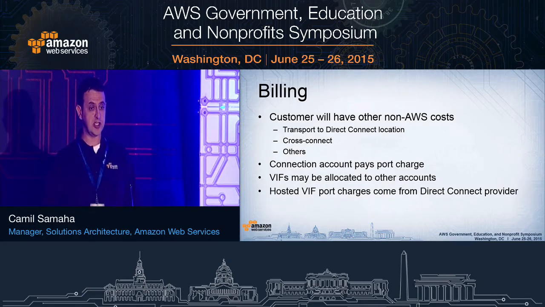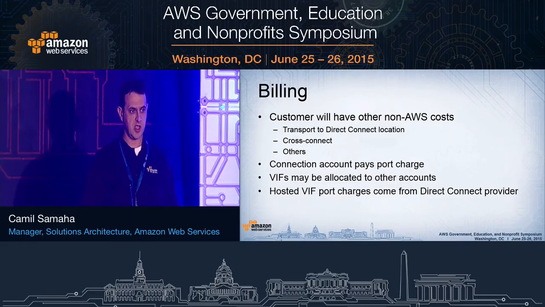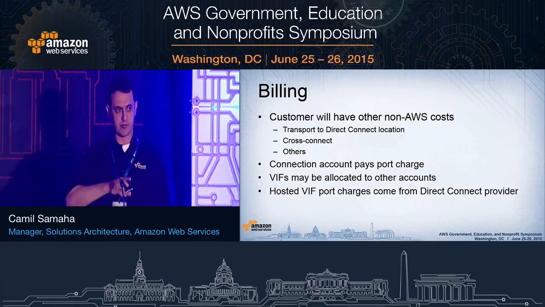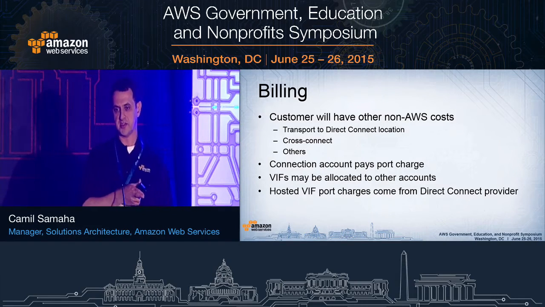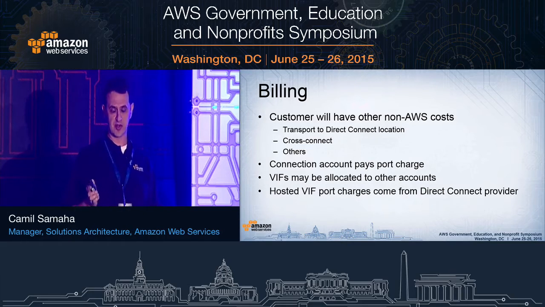Another cost that you need to be aware of is the cross-connect. The Direct Connect partner where the equipment is located is responsible for providing that physical cross-connect, and they're going to charge you for that. One important point that I failed to mention: if you don't have a direct billing relationship with that provider, you cannot order the cross-connect.